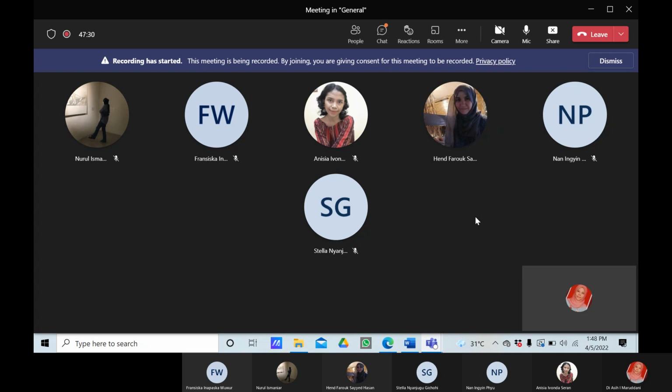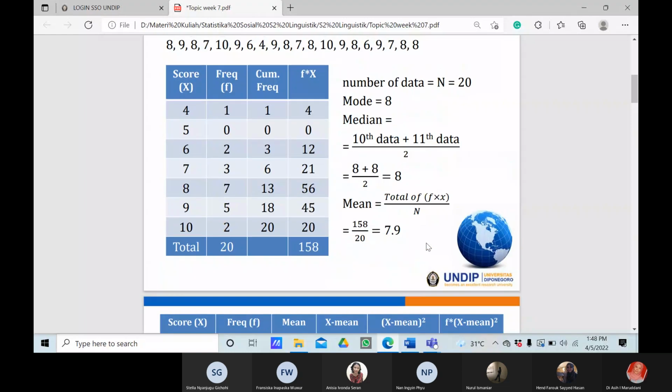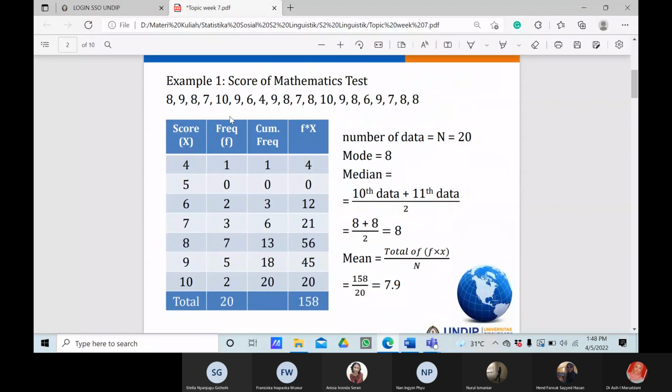For the mean, I think I have shared it with you again. From the single data here, you build the first, the second, and the third column to build the frequency distribution. I think it is easy.